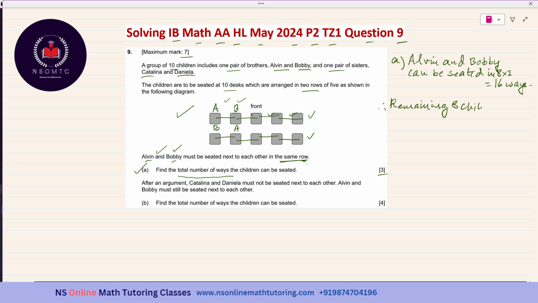Actually, you should be showing this over here in your working area. I have used this diagram, but you should be drawing the diagram in your working area. Remaining 8 children can be seated in 8 factorial ways.